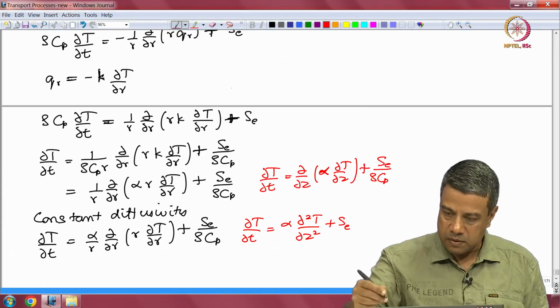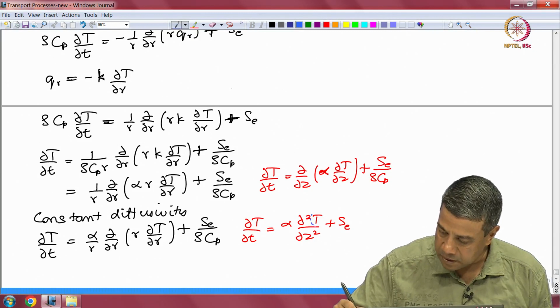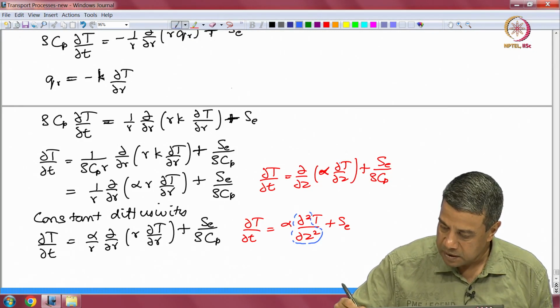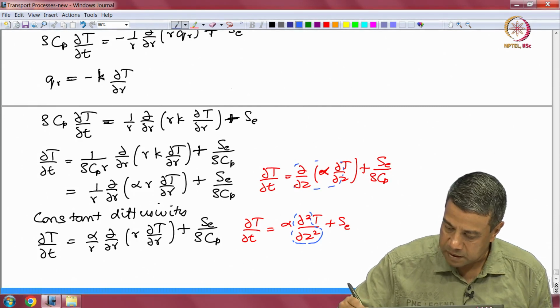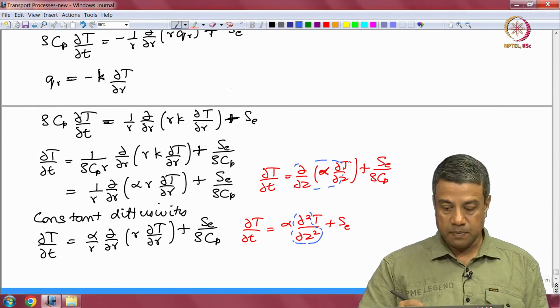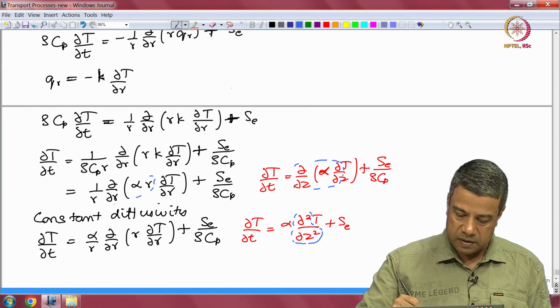In a Cartesian coordinate system, note that the differential operator multiplying the diffusion term is simpler than this particular differential operator.